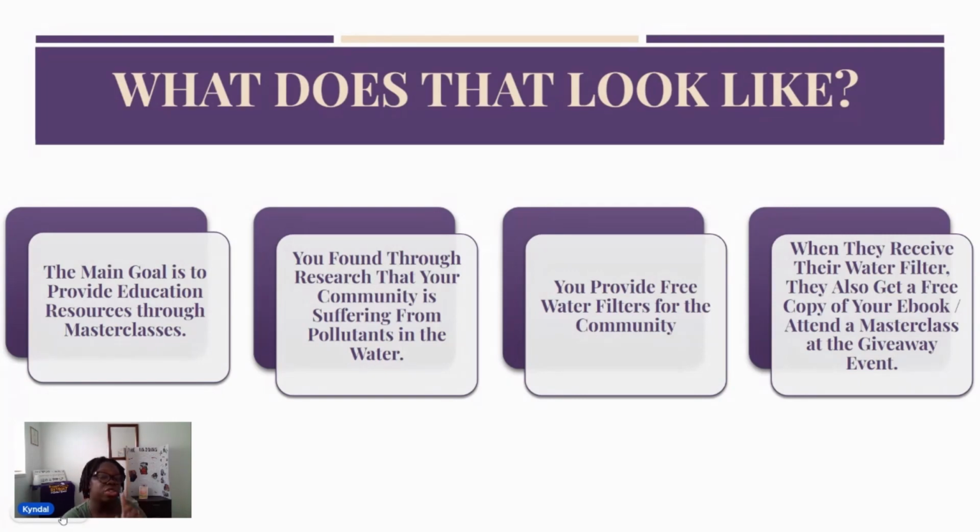Now, with you doing that research, you find that there are water filters that your organization can provide so that people can put these filters on their water and then they can have non-polluted water to drink, to bathe with, to feed their family with. And that is something that they're going to come to your organization for.